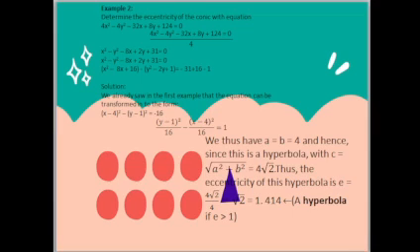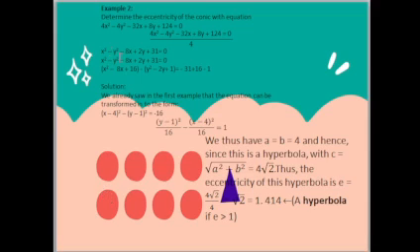Negative 4y squared divided by 4 is negative y squared. Negative 32x divided by 4 is negative 8x. Positive 8y divided by 4 is positive 2y. Positive 124 divided by 4 is 31. And 0 divided by 4 is 0. So we have here x squared minus y squared minus 8x plus 2y plus 31 equals 0.